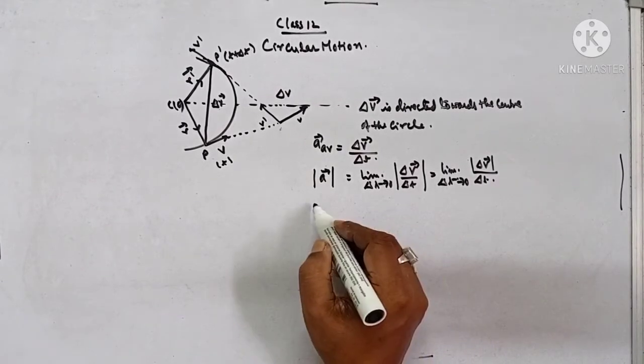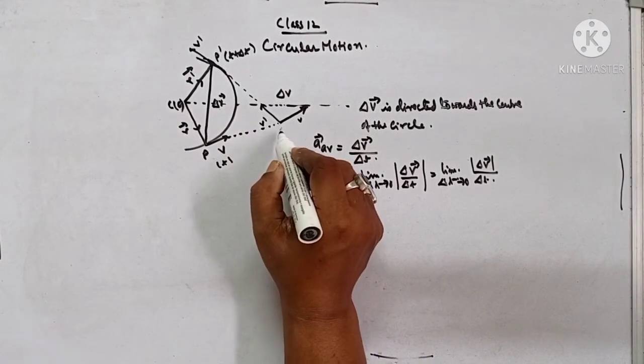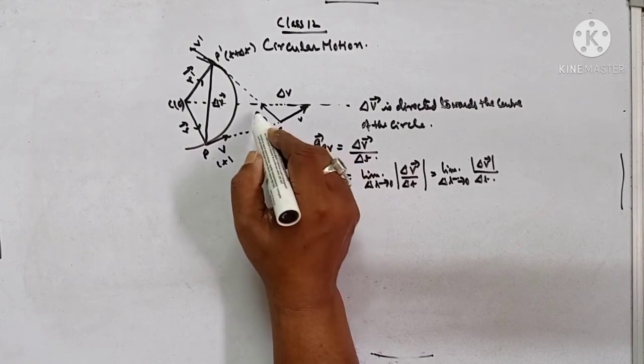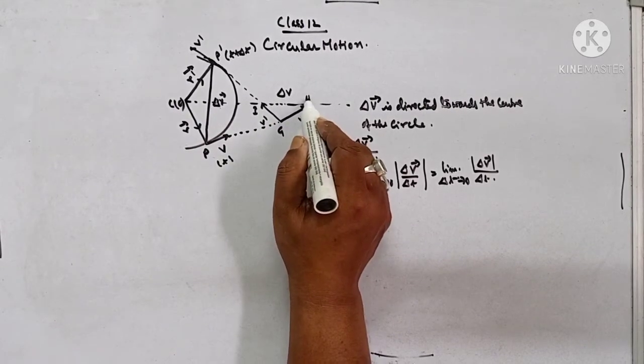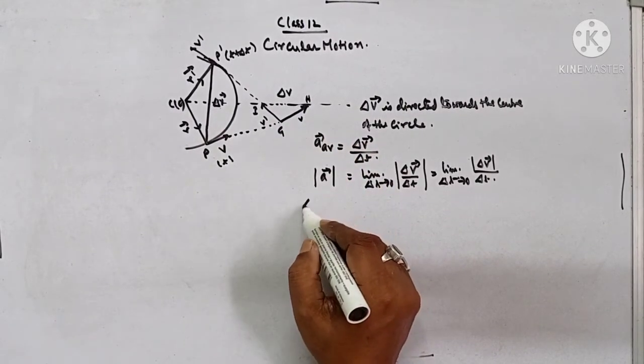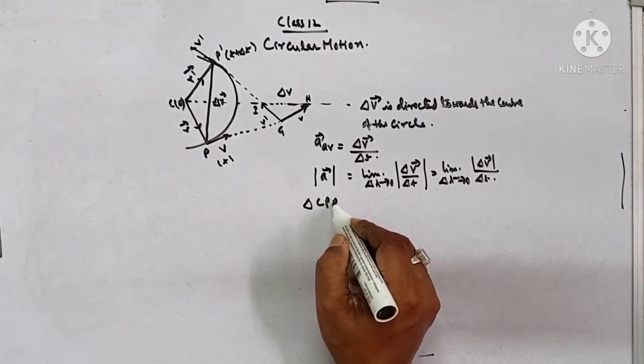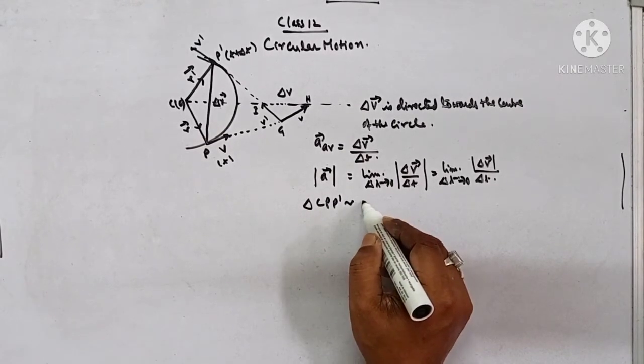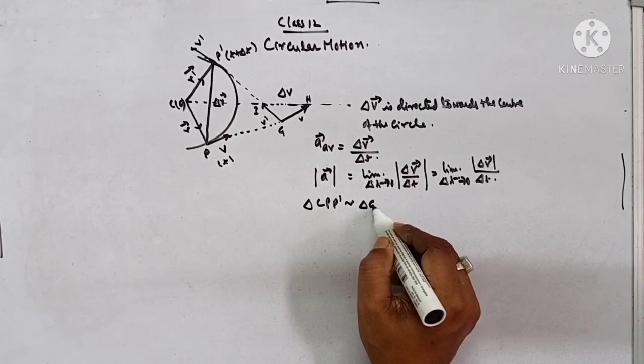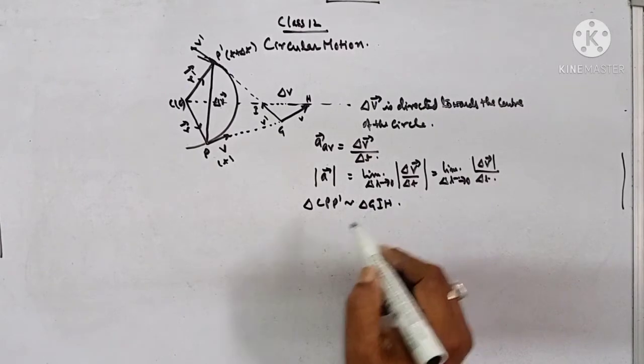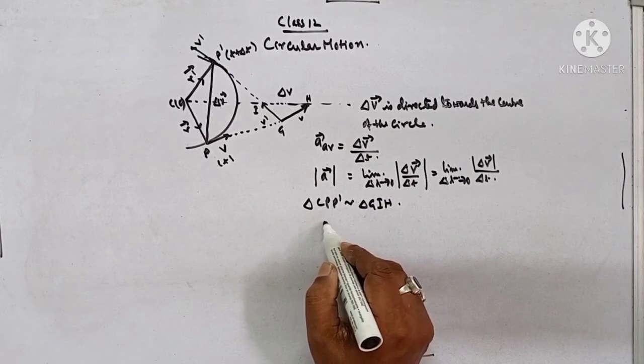Now you can name this triangle as G, I and H. Your triangle CPP dash is similar to triangle GIH, so sides are proportional.